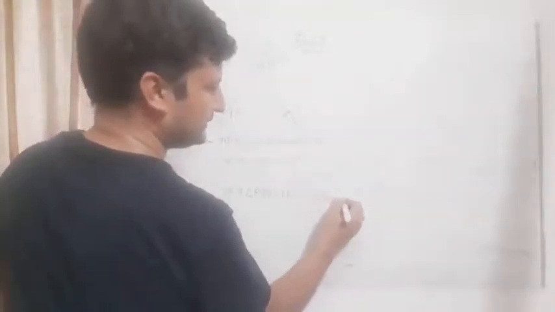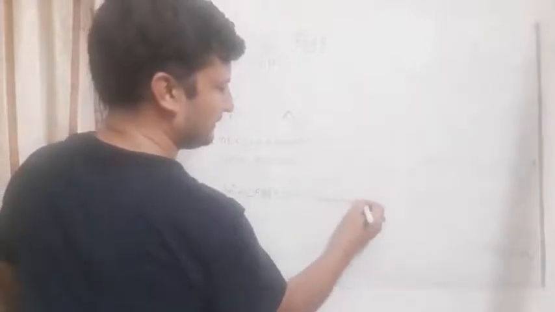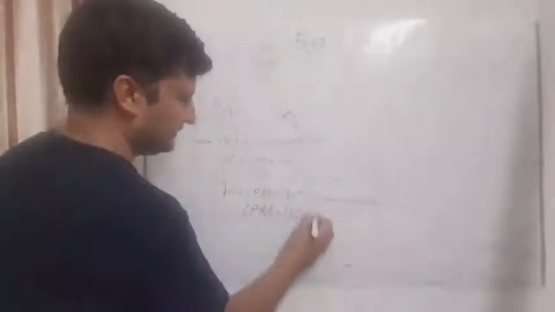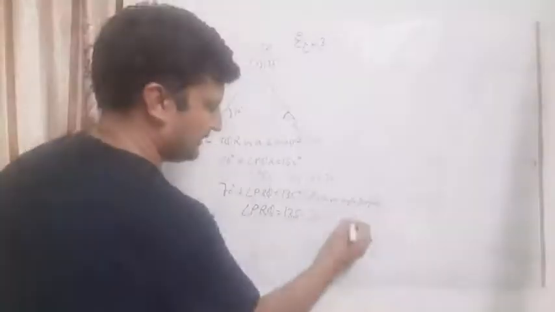This is the exterior angle property. So students, angle PRQ is equal to 135 minus 70, that is 65. So the answer is 65 degree.